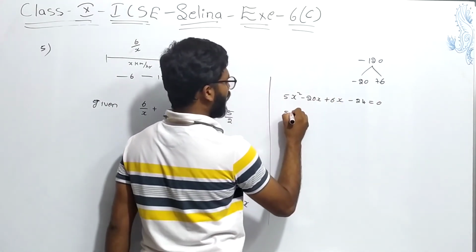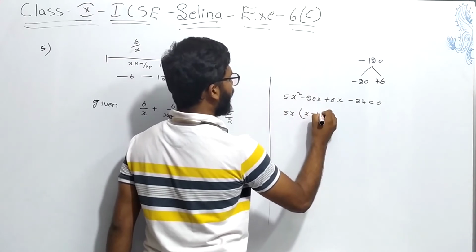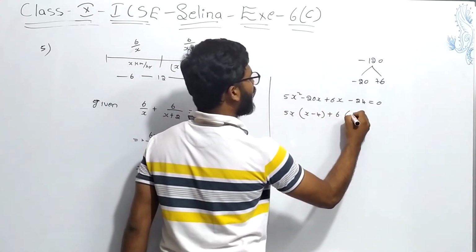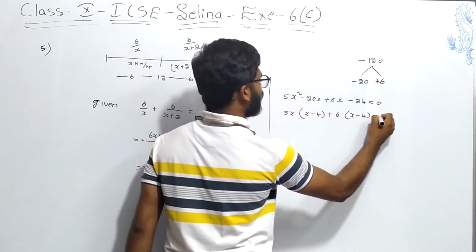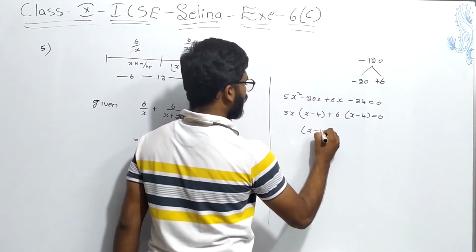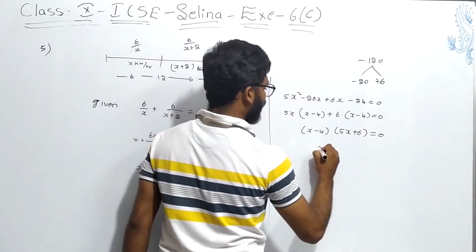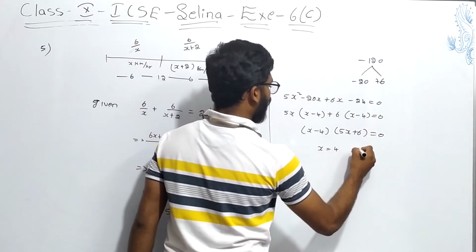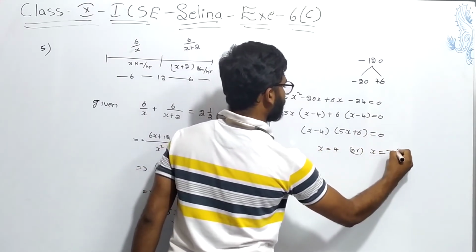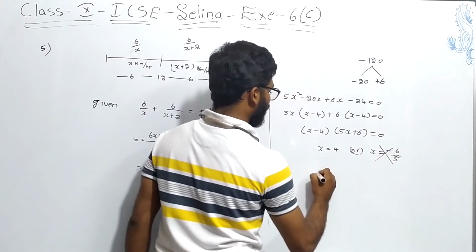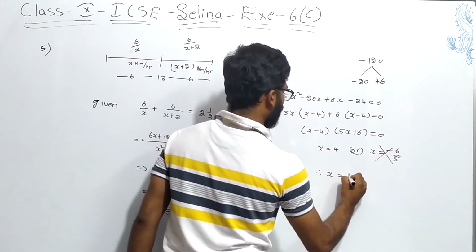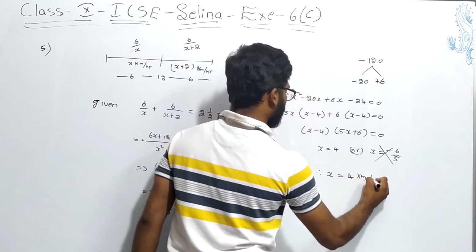So 5x common, x minus 4 plus 6 common, x minus 4 is equal to 0. So x minus 4 into 5x plus 6 is equal to 0. So x is equal to 4, or x is equal to minus 6 by 5, and it is negative, so it is neglected. Therefore x is equal to 4 kilometer per hour.